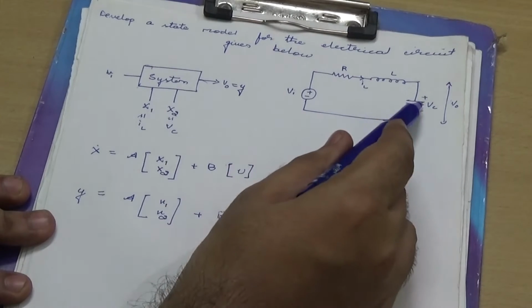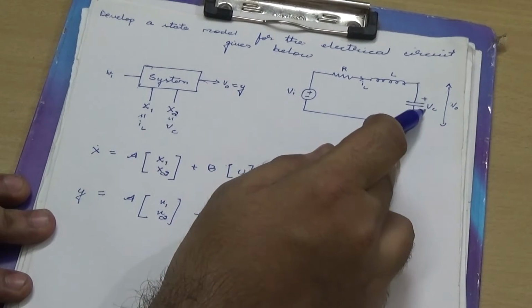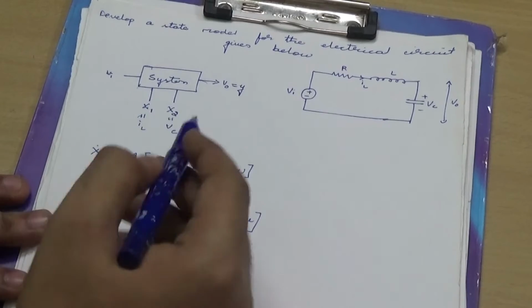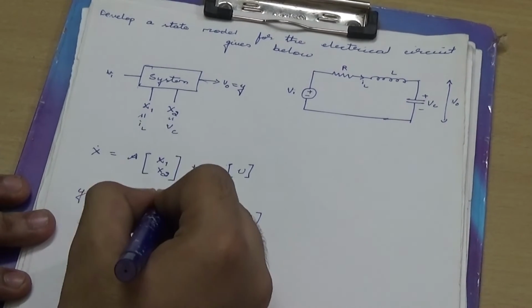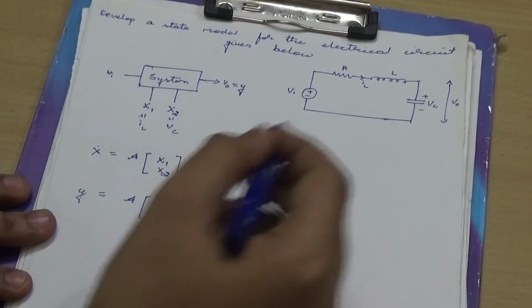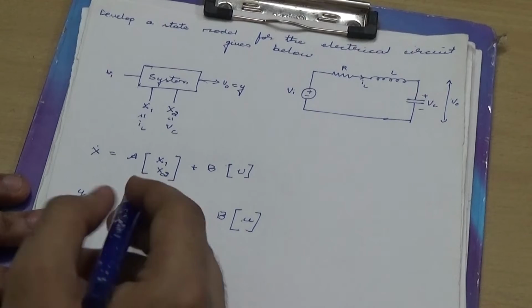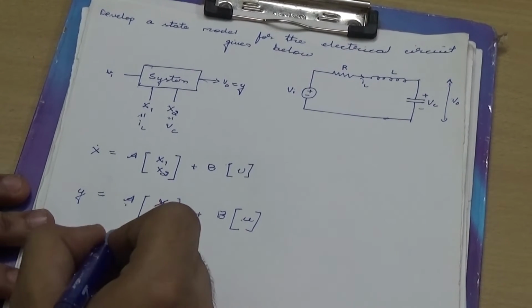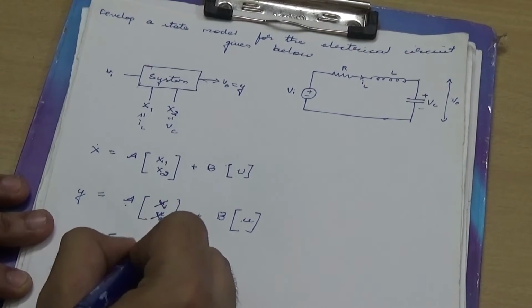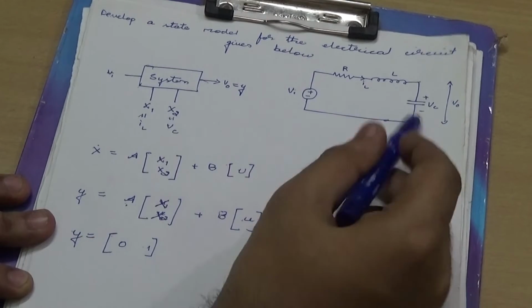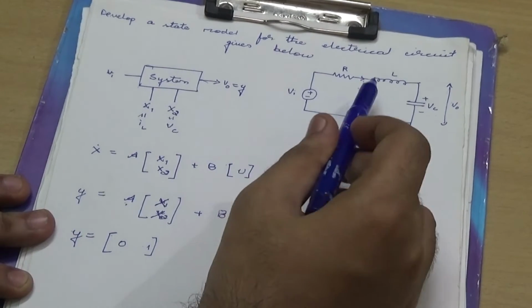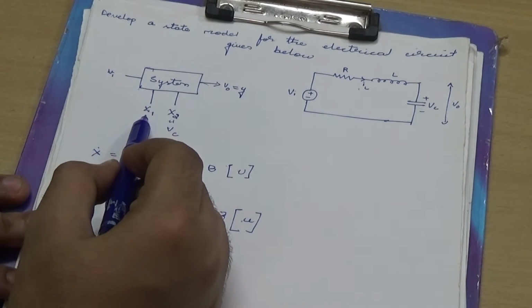As you observe, the output is dependent only on Vc, that is only on x2, so I can choose the output matrix to be 0 1. Why 0? Because the output equation does not contain IL, which is the state variable x1.